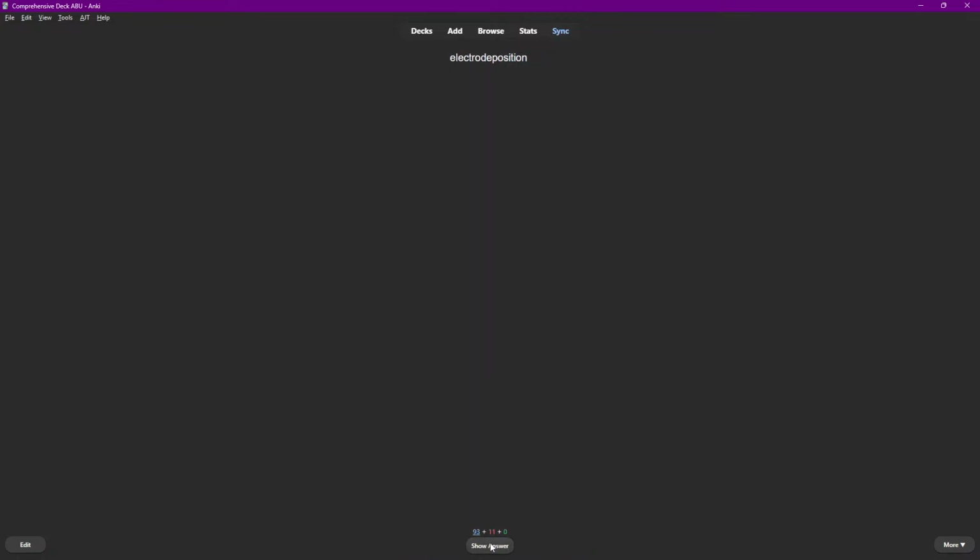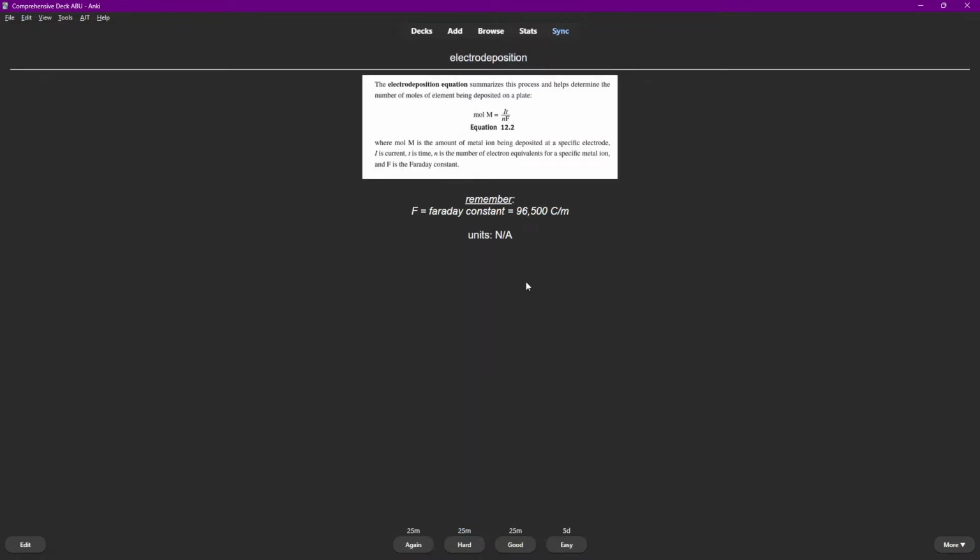Electrodeposition. Don't know what that is. Did not talk about this in my physics class, I don't think. Electrodeposition is the equation that helps to determine the number of molecules of an element being deposited on a plate. Nope, did not talk about this. That's where the Faraday's constant that I didn't know about was.